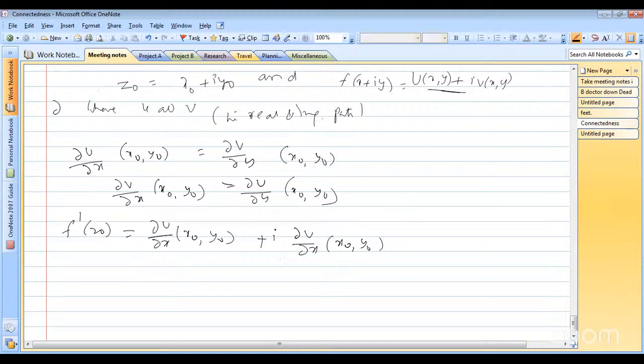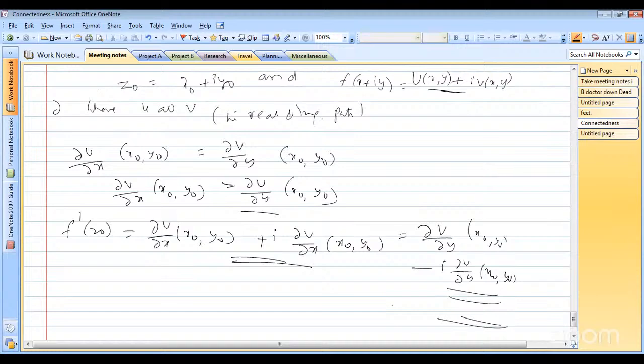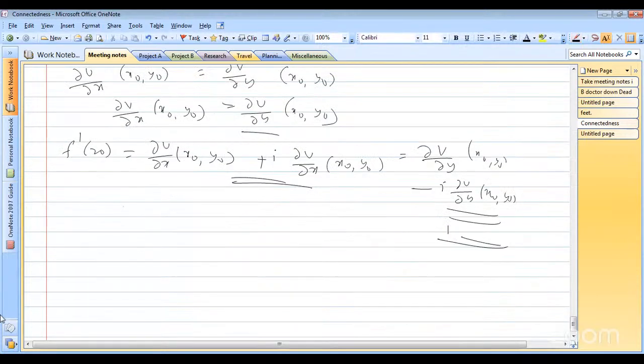And also we are writing f dash of z naught is equal to dou u by dou x at x naught, y naught plus i times dou v by dou x at x naught, y naught, which is also equal to dou v by dou y at x naught, y naught minus i times dou u by dou y. This is what we are proving here.